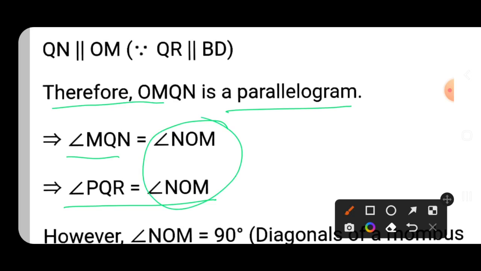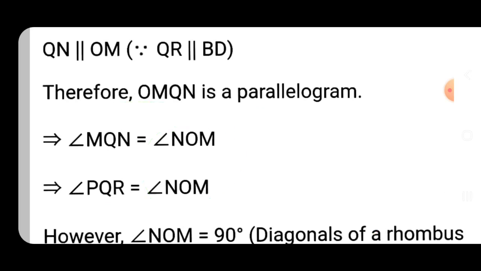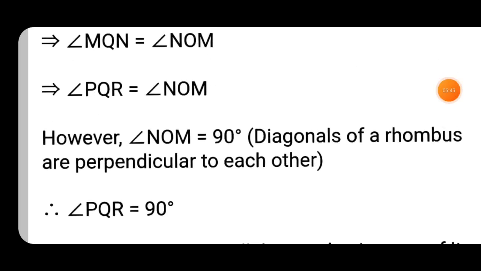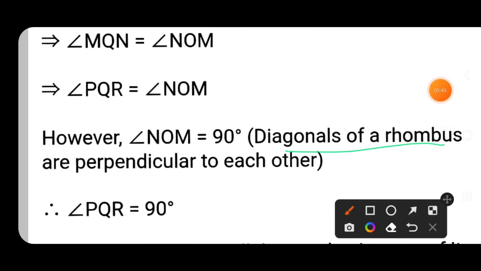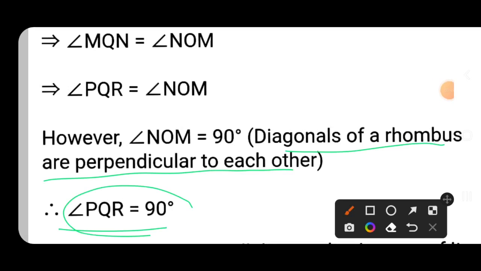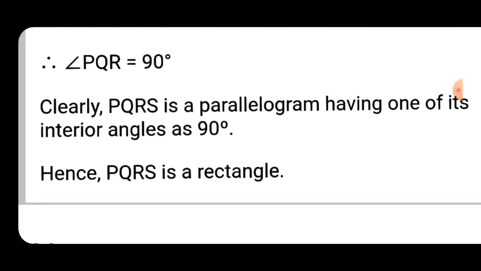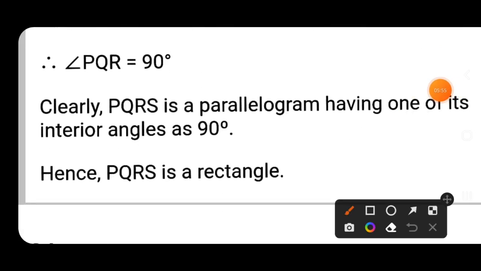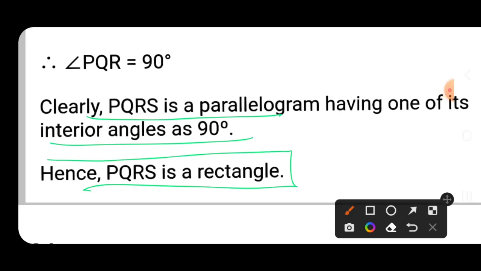Compare this. NMO is equal to 90 degrees because the diagonals of a rhombus are perpendicular to each other, therefore PQR is equal to 90 degrees. In any parallelogram, if one angle is 90 degrees, then all angles will be 90 degrees. So PQRS is a rectangle.